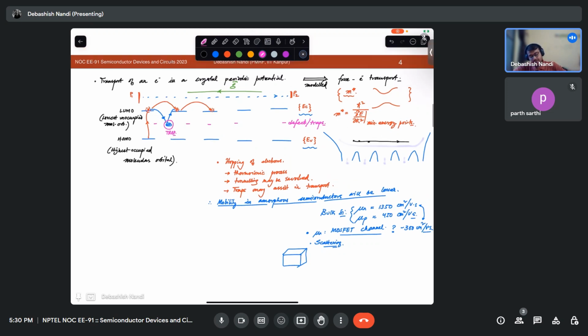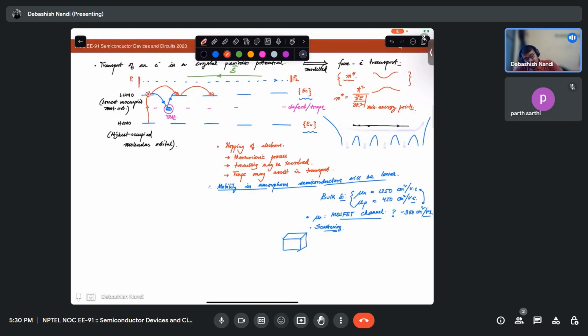The purpose of this discussion is that the mobility will depend on how much time the electron spends in the conduction band, or this LUMO level.